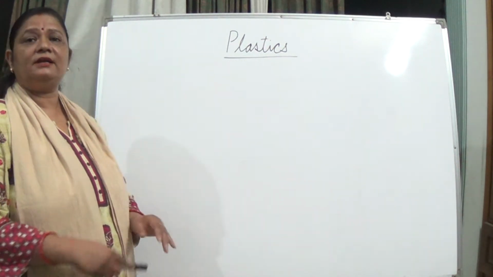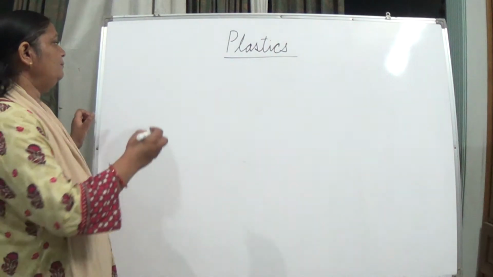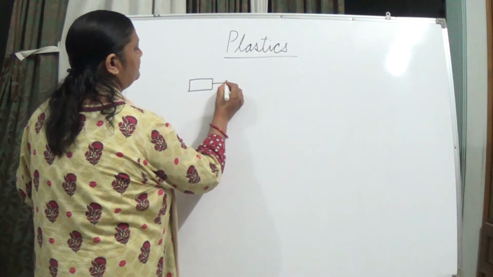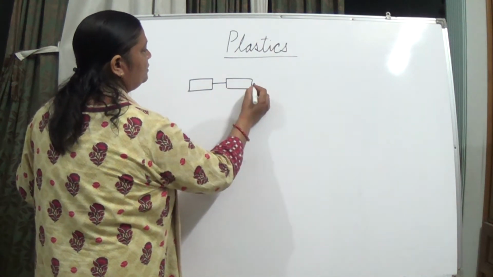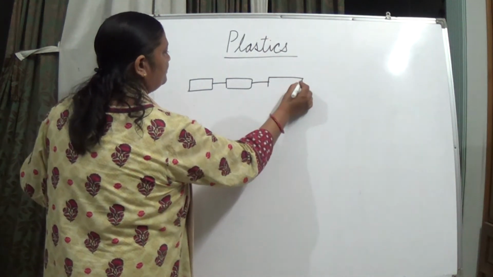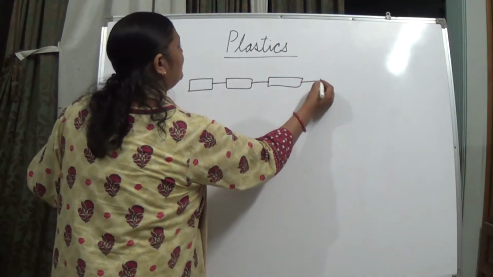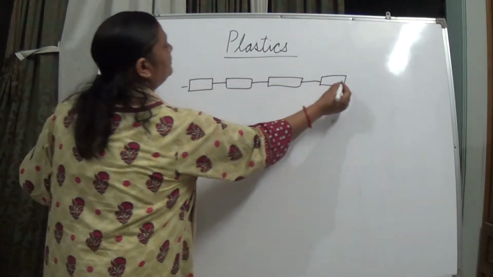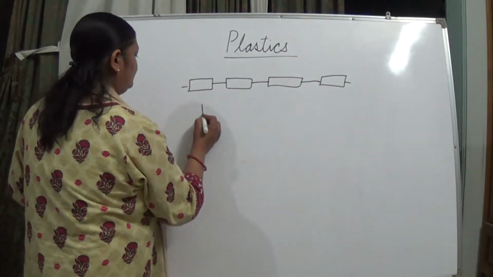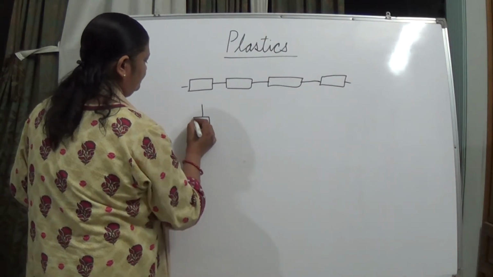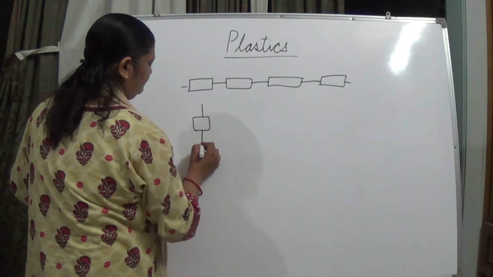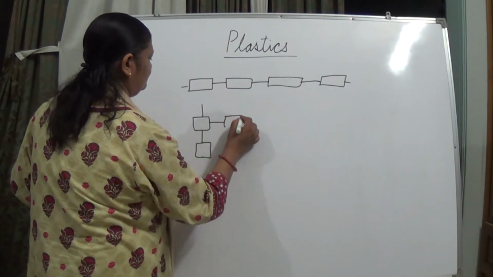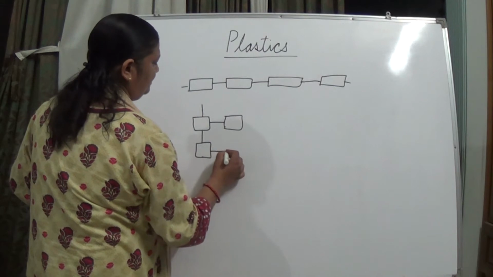So let us see its structure. It can be linearly arranged. This is also a polymer only, isn't it? It can be linearly arranged or it can be cross-linked.